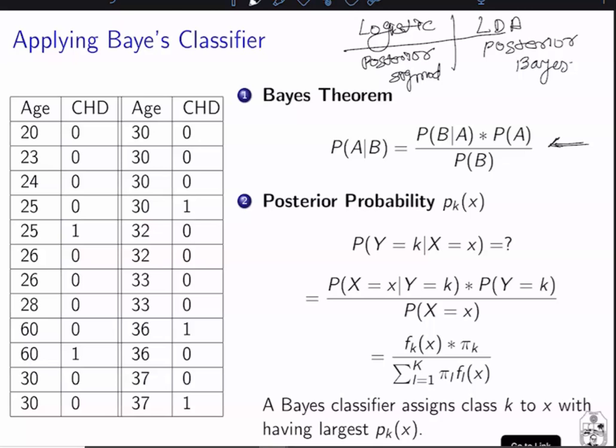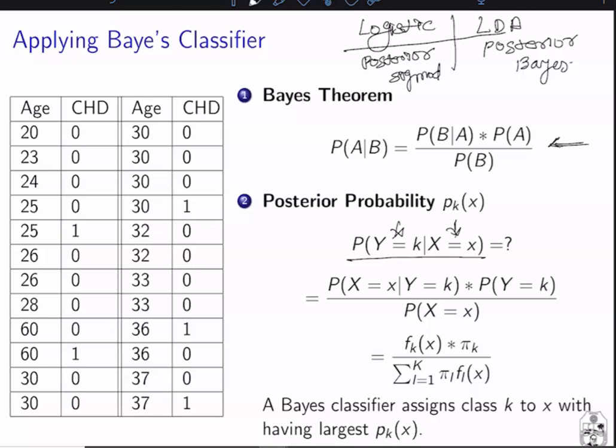The posterior probability is nothing but the probability that a randomly selected observation belongs to class K. That means we want to classify whether the given observation is suffering from CHD or not, and here the given value is the age.